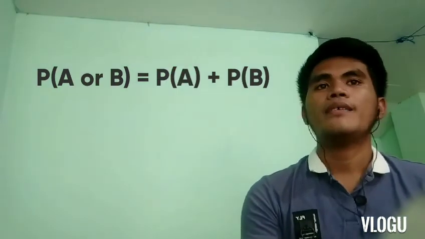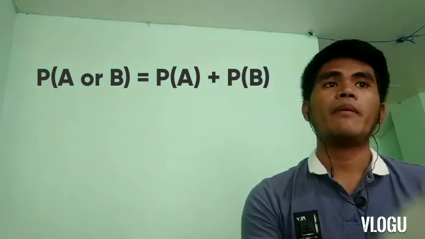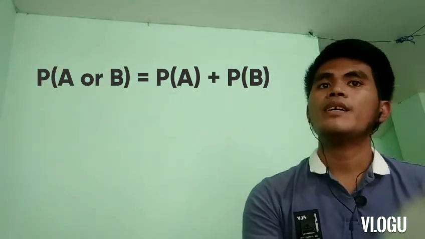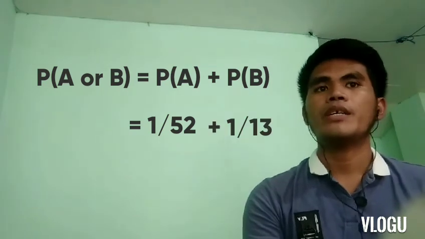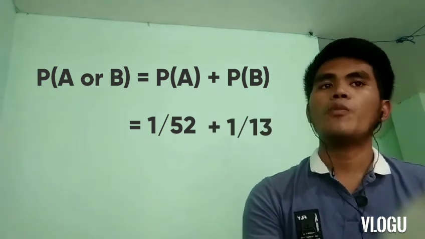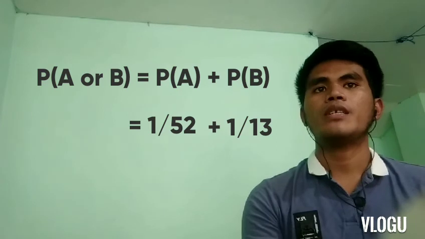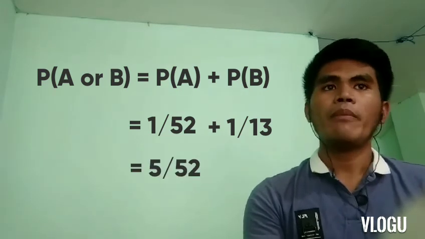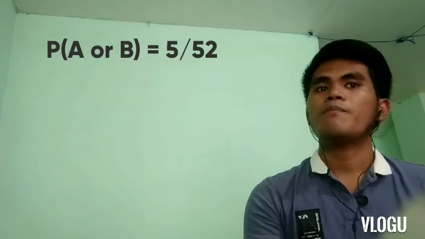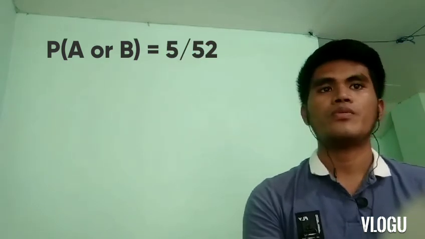Using the formula, the probability of the two events is the probability of A plus the probability of B. So 1 over 52 plus 1 over 13 is 5 over 52. Therefore, the probability is 5 over 52.